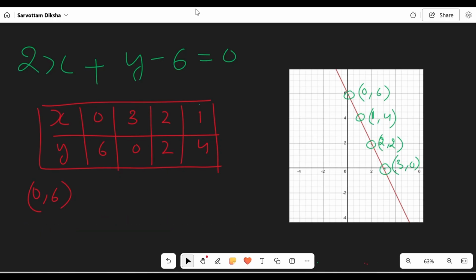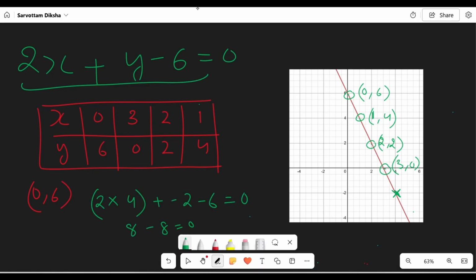Now there are four things. Any coordinate lying on this line, like this green cross, which is (4, -2), if I put it in this equation, let's see whether it is satisfying or not. Yes, when I substituted x as 4 and y as -2, I see my LHS equal to RHS. Same way, any point not lying on this line, like (0, 0), the origin, if I put it here, it won't be equal to my RHS.